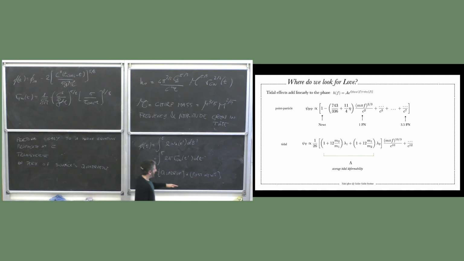If you go computing other terms, and when I say other terms I mean corrections in powers of 1 over c, you see that there are other contributions coming to the waveforms, and these contributions depend on the source parameters, and in particular on that eta that I was mentioning, that is m1 m2 divided by M squared. Okay? And of course, there are different parameters.